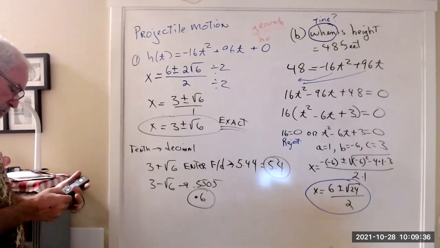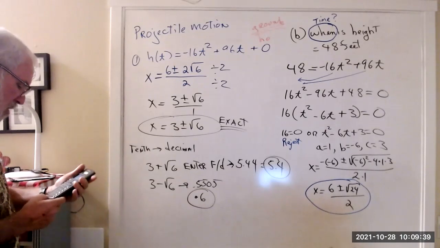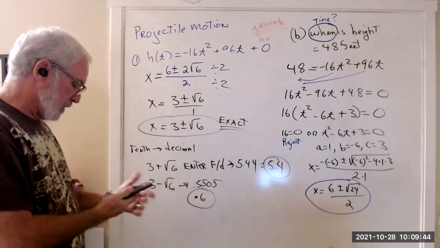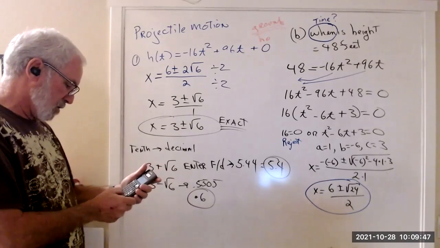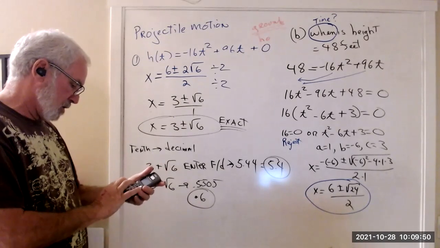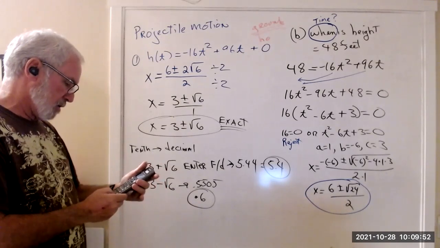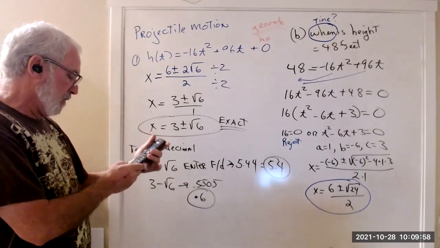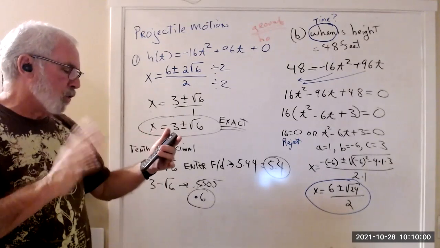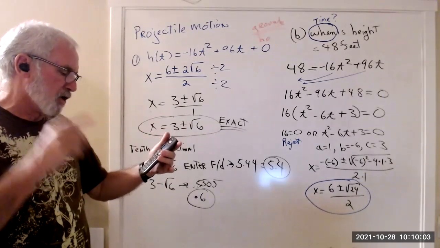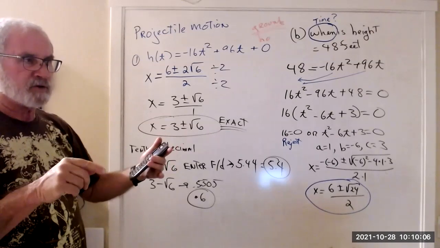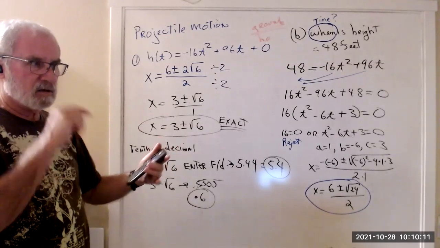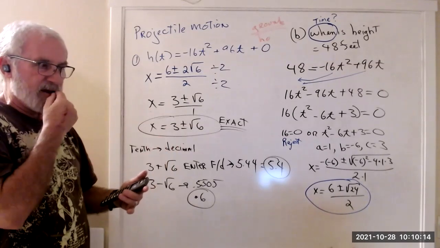Okay, try it one more time. 3 plus radical 6, enter. And it says radical 6 plus 3. Don't go second. Just press the silver key right below FD. Okay. So 3 plus radical 6.